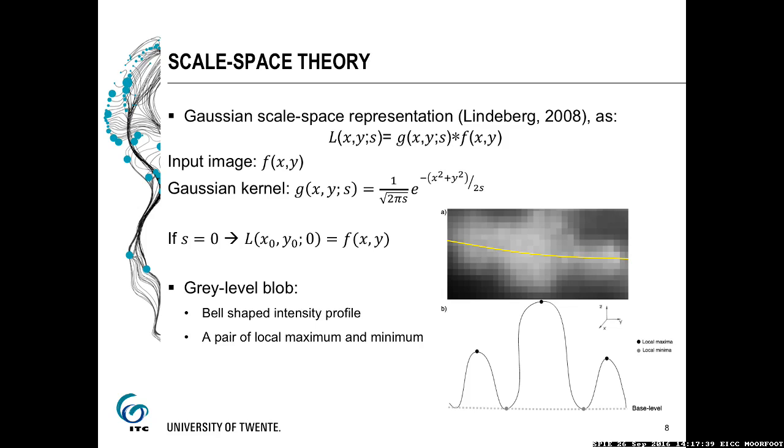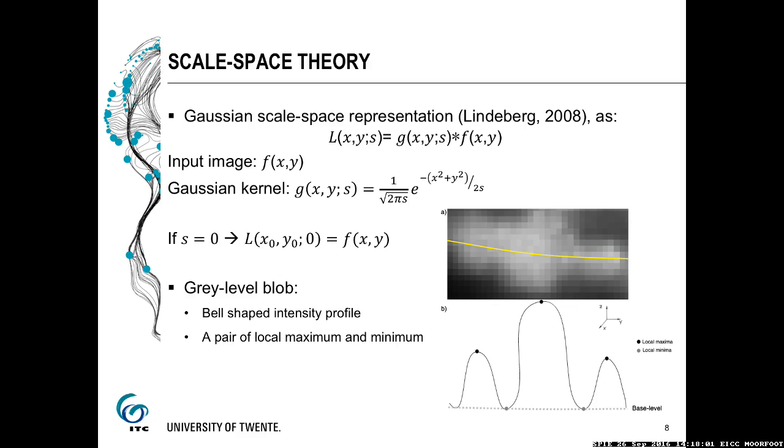Here in the bottom, you can see there are three trees, and along this yellow line, we illustrate the intensity of the trees, and here are local maximums and local minimums of this intensity.